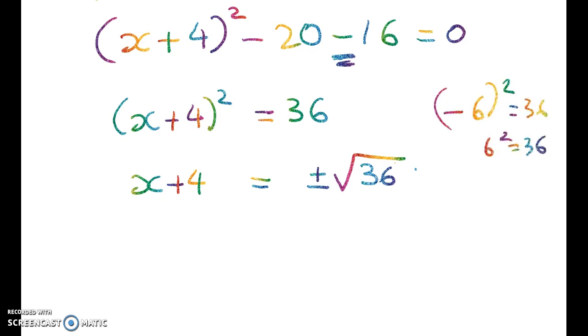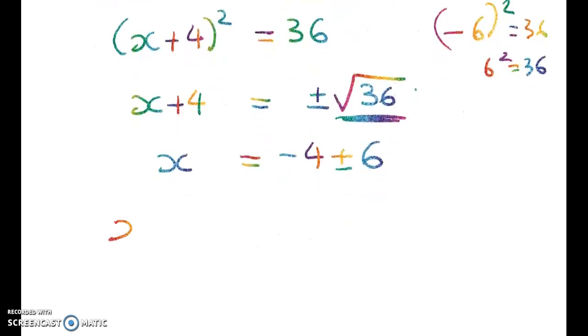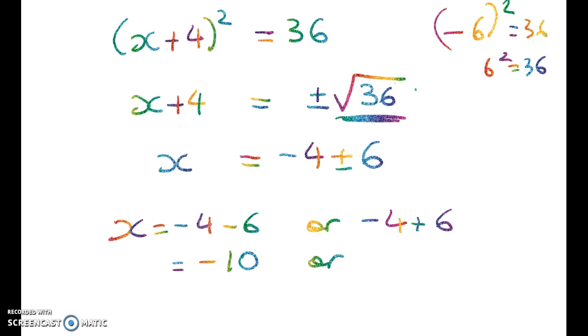And we don't have any idea of which one it is, so we have to consider both. Next step is to say that x must be equal to negative 4 plus or minus, and now we can simplify this to 6. That means that x is equal to negative 4 minus 6, or negative 4 plus 6, which is negative 10 or 2.